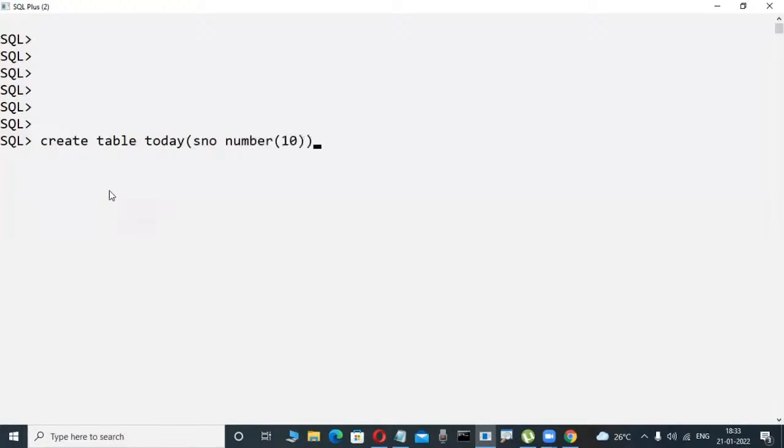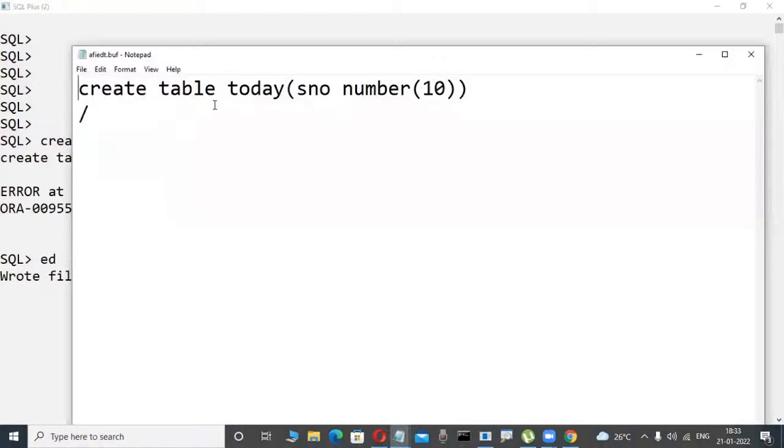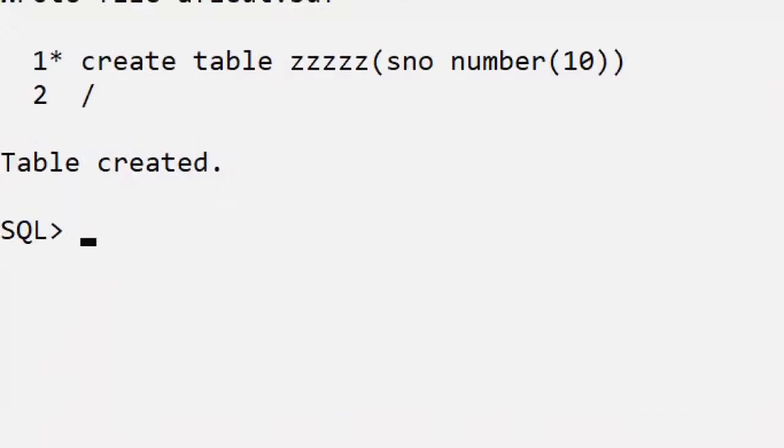Slowly observe it here. Concentrate here. Suppose Z is a table. For example, I am creating it. Okay, fine. For example, this table is created.